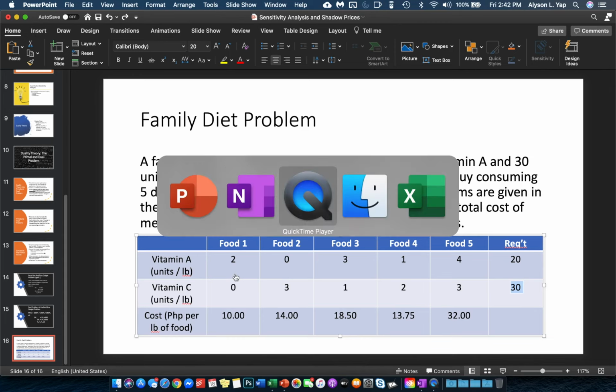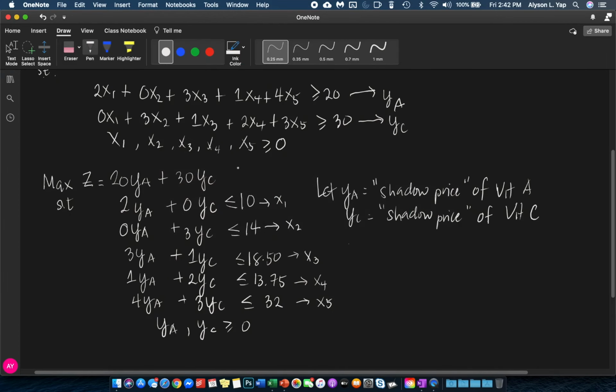Okay? So, given that context, if I were the pharmaceutical company and I know that the family requires 20 units of vitamin A and 30 units of vitamin C, then the question now is how much should I be pricing my vitamin A and vitamin C capsules?